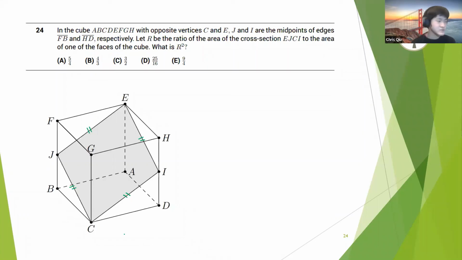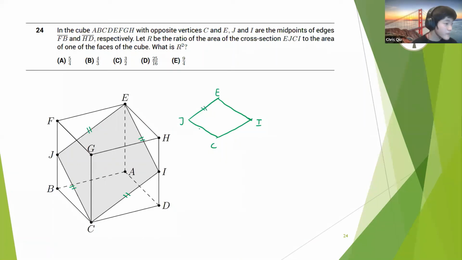And this length is equal to √5/2 times the side length of this cube. So what we found is that this quadrilateral is a rhombus, since all 4 of its sides have equal length.